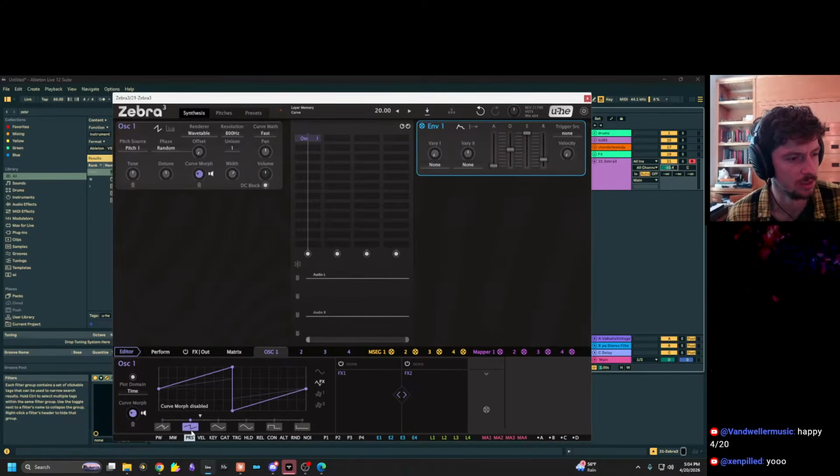Why is that? Wouldn't it be the very first node on the very left? See, this also makes no sense. I'm sorry. Curve morph defaults to saw wave being at 20 units out of 100. This was an issue before, but I figured that would have been addressed, but that's fine.